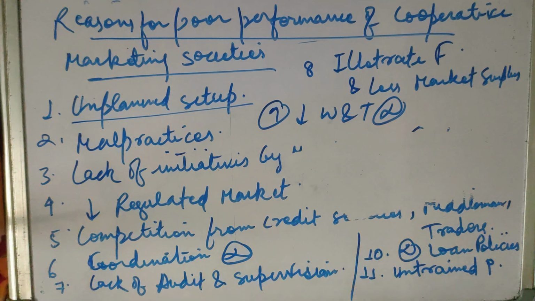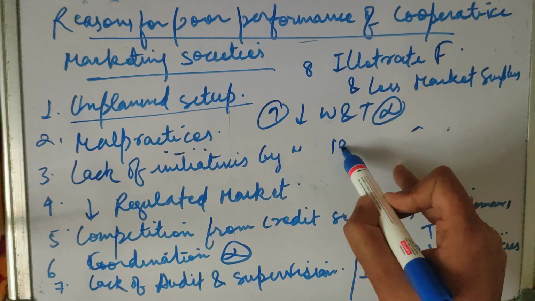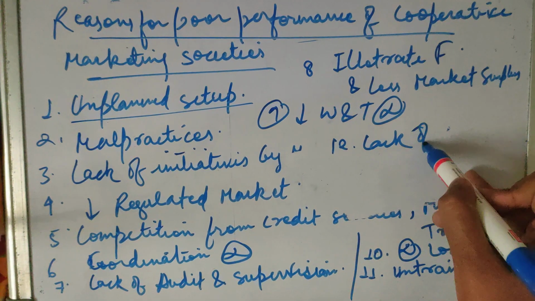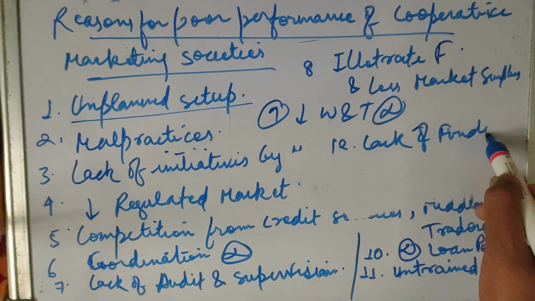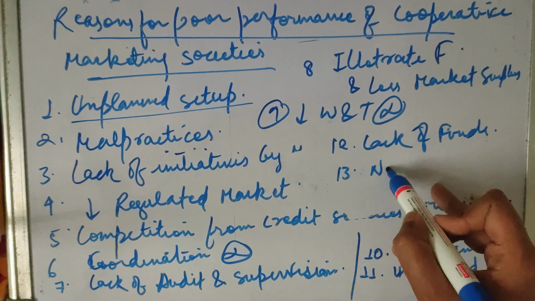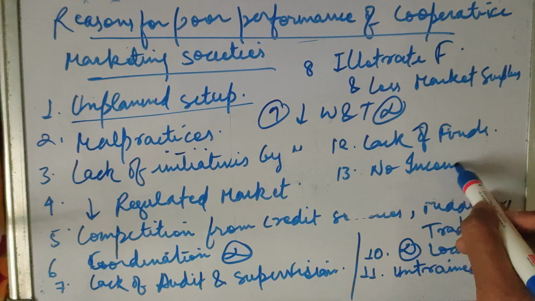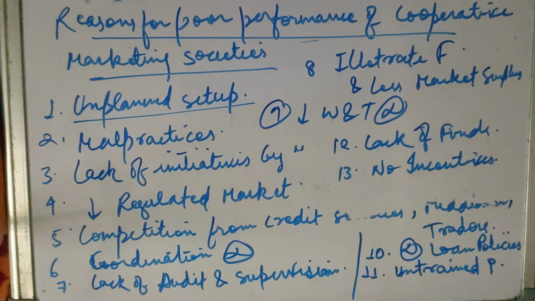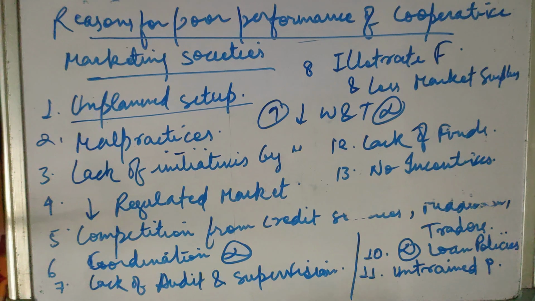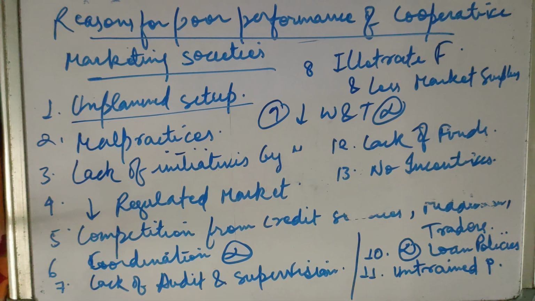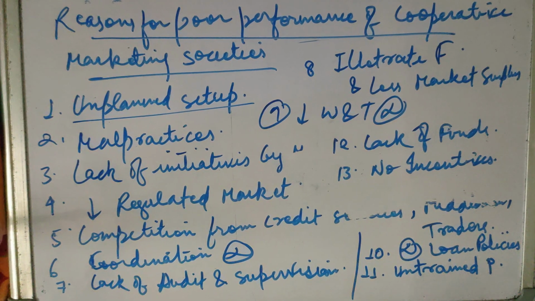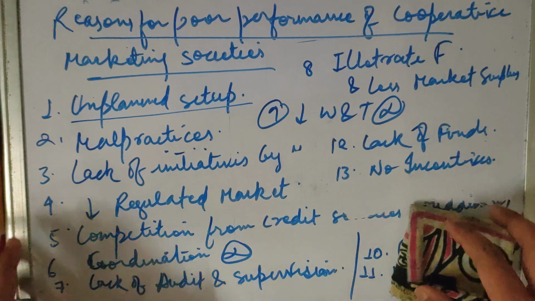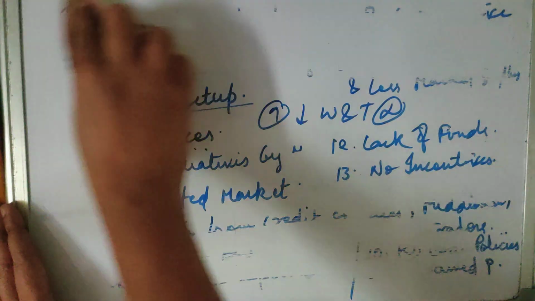Moving on to the next point, there is lack of funds and no incentives among members. Often these cooperative societies are controlled by a big influential farmer who brainwashes some marginal farmers, makes the cooperative society, and then takes all the benefits himself instead of giving them to those marginal farmers. So there are many problems relating to cooperative farming.